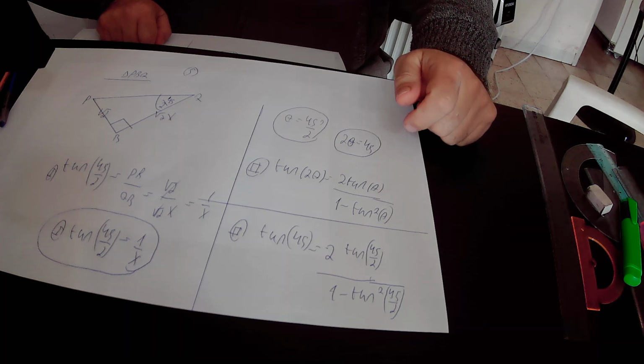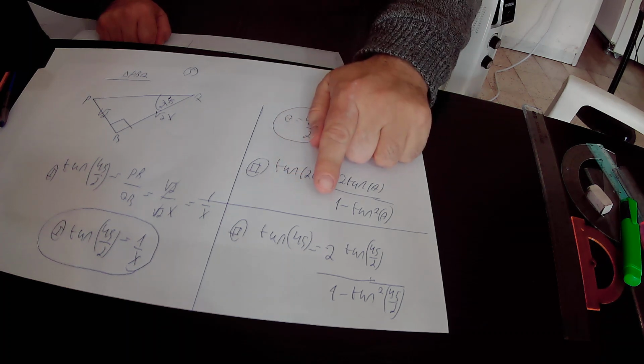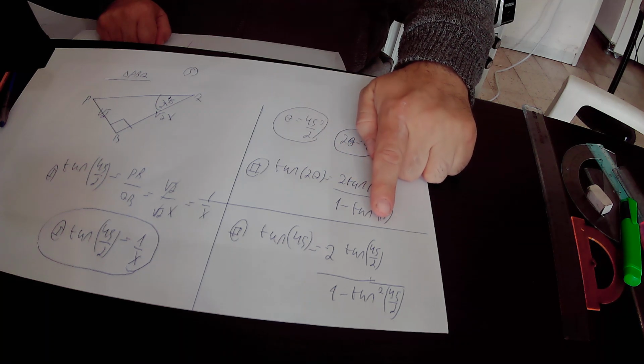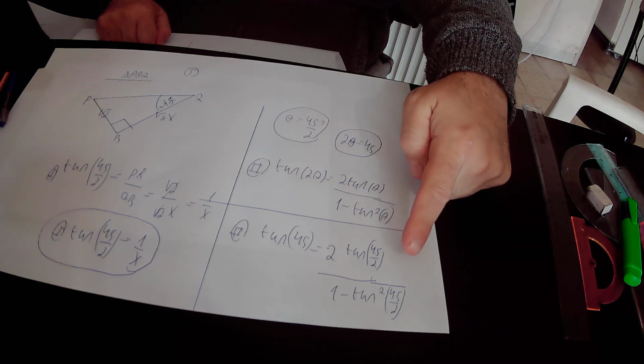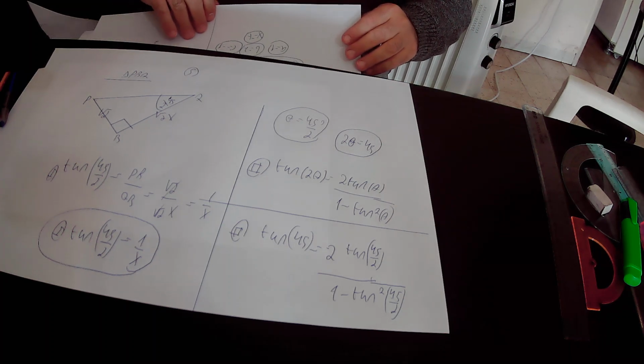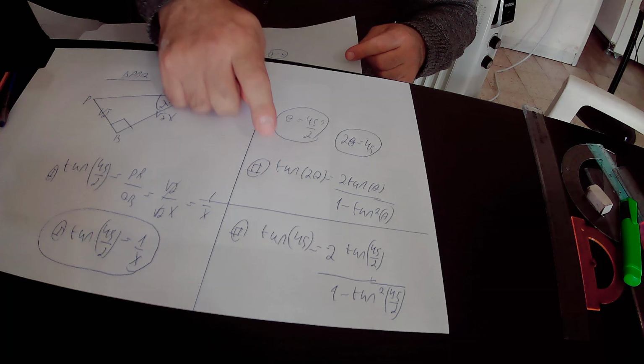So in conclusion, according to equation number 2, tangent 45 degrees equals 2 times tangent 45 degrees over 2 over 1 minus tangent squared 45 degrees over 2. And tangent 45 degrees is 1.